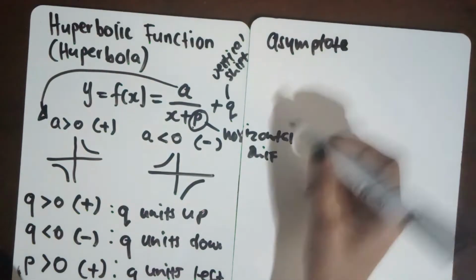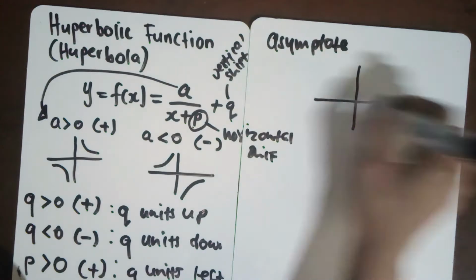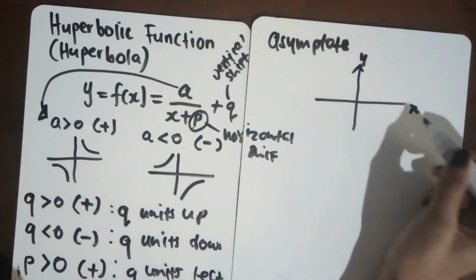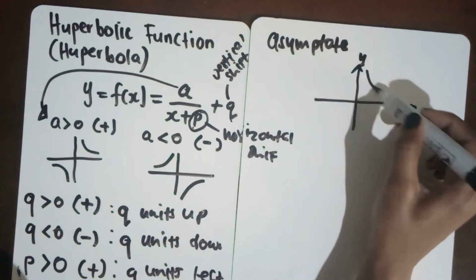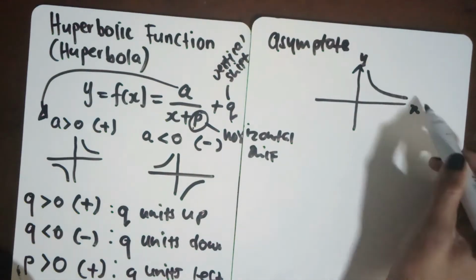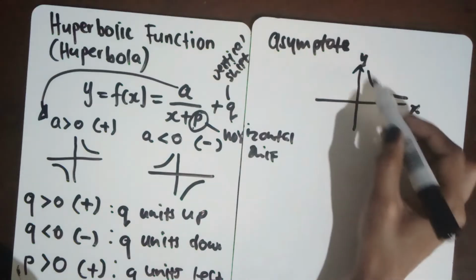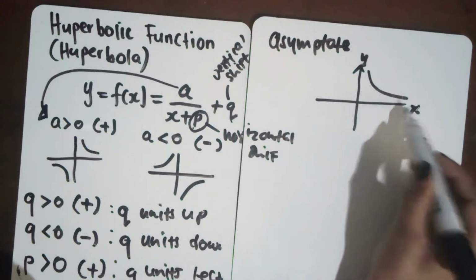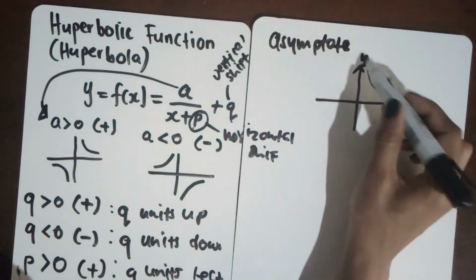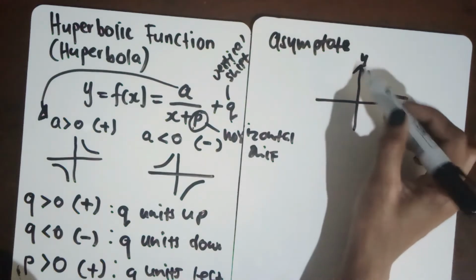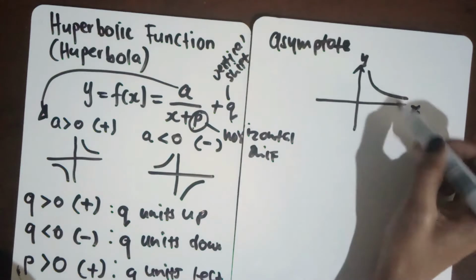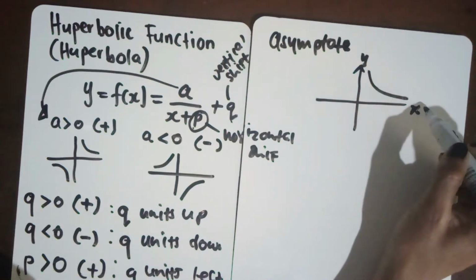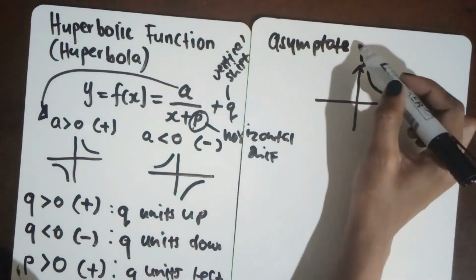For example, if this is our y and this is our x, and we have a graph over here, this function approaches the x-axis, but it never actually touches it. Even here, you see that this graph approaches the y-axis, but it never actually touches it. That line that your curve or function approaches but never actually touches is called an asymptote.